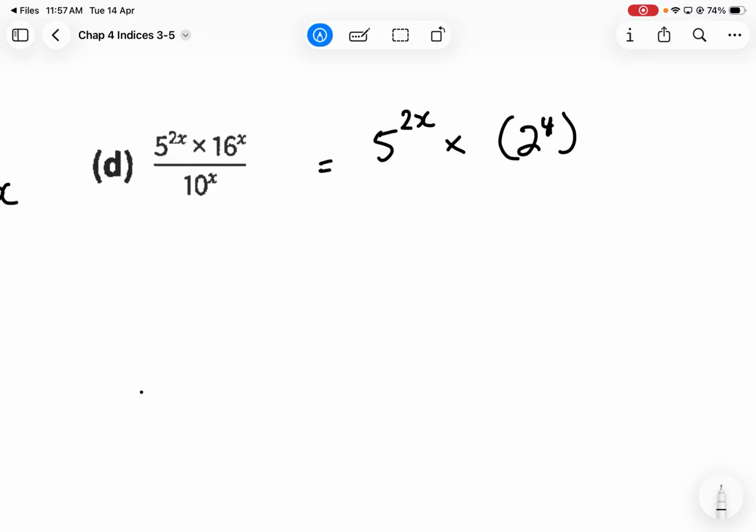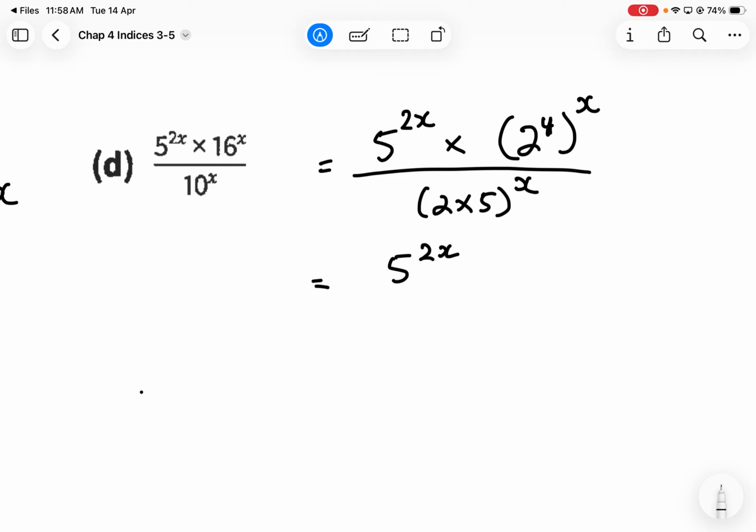Just now we do a few times, now I skip this. Then 10 itself is actually 2 times 5. So if I simplify, I will have 5 to the power of 2x times 2 to the power of 4x. Then the bottom I have 2 to the power of x times 5 to the power of x.